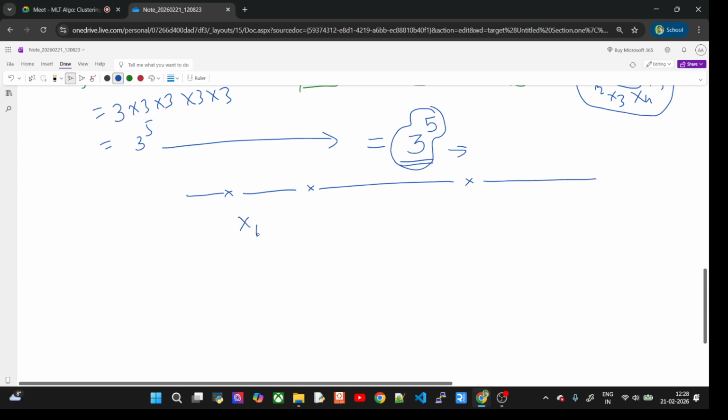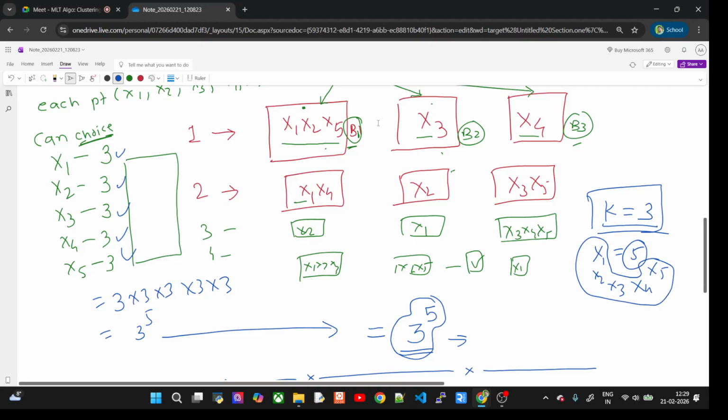As I mentioned, there are x1, x2, x3, x4 and x5. For example, I took these 5 points, or maybe xn, but no need to think more, x5 points. And as I mentioned, here box b1, b2, b3, these are the boxes.